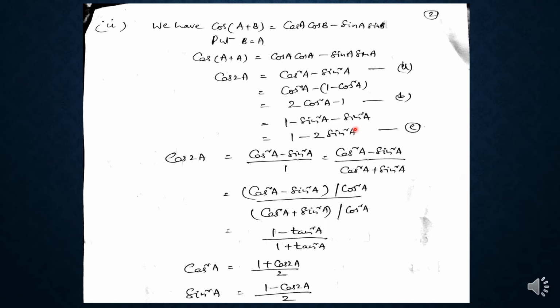And to get the fourth formula, in terms of tan A, take cos 2A is equal to cos square A minus sin square A. So this can be written as cos square A minus sin square A by 1.